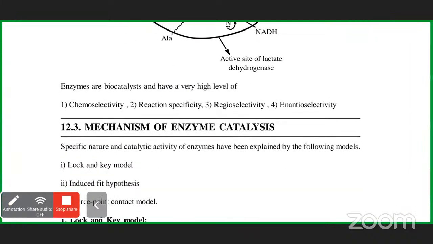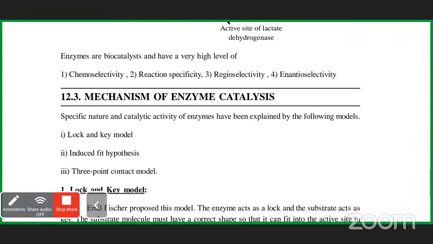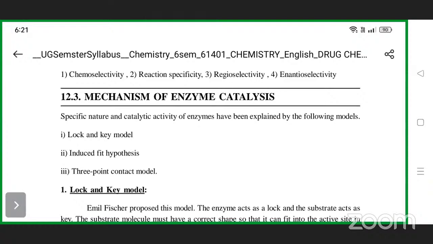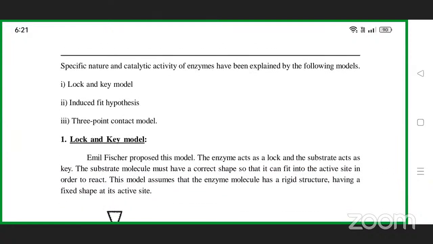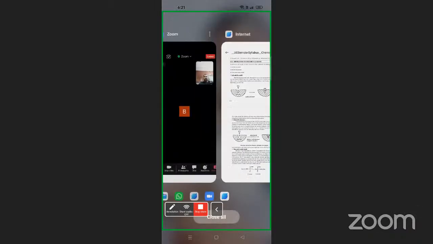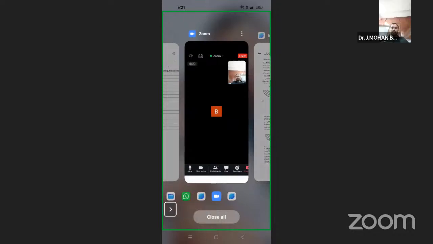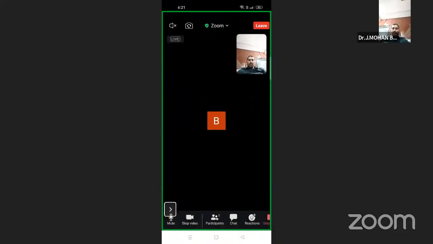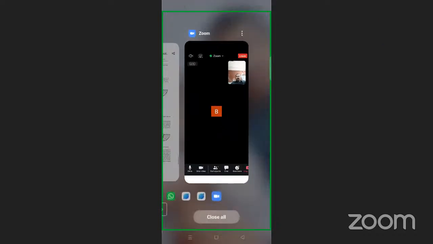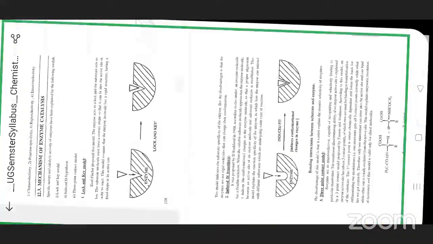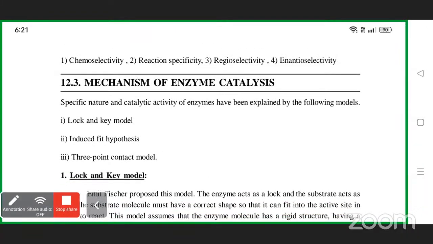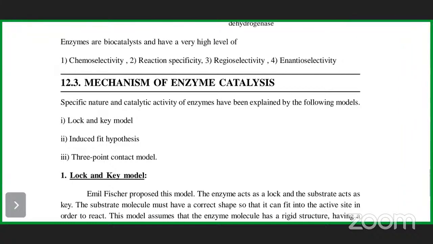Next, mechanism of enzyme catalysis. Here we know that enzymes are very specific in nature.